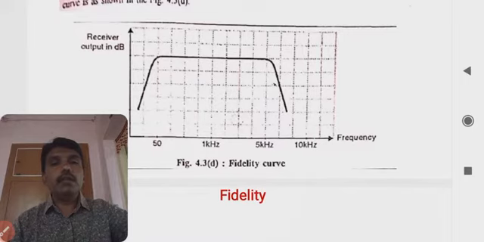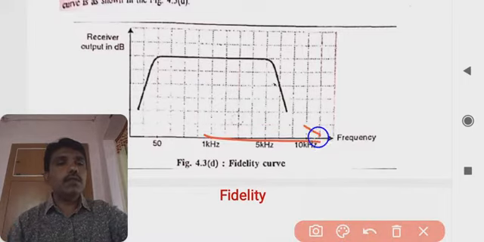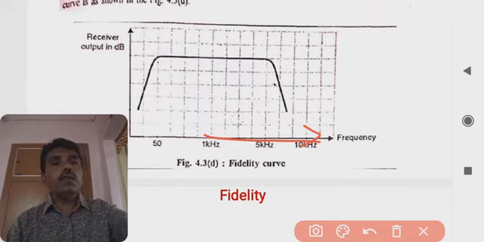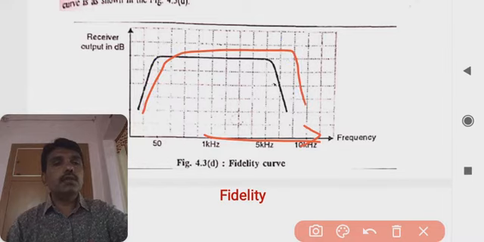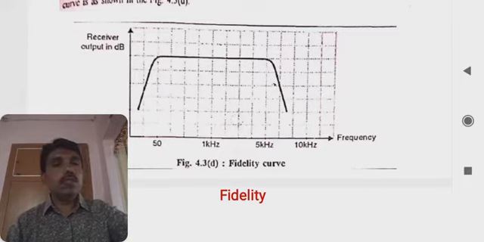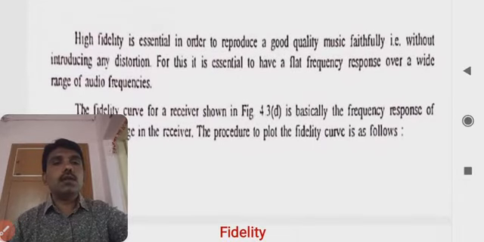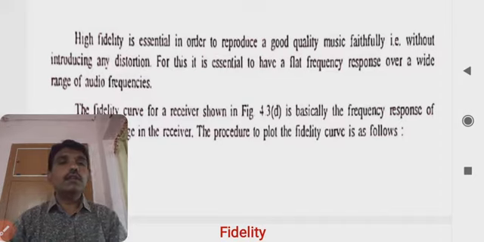Along the x-axis there is frequency, and here is the receiver output in dB, and this is the flat response, or the flat curve, which is the receiver's ability to reproduce all the frequencies in an equal frequency range.